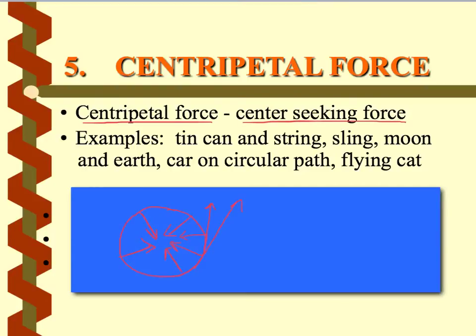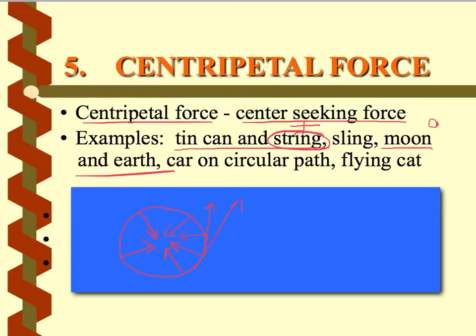Let me give you some examples. If I were to take a tin can and a string, holding on to one part of the string and whirling the tin can, the string would be providing a tension force that would cause the tin can to not go in a straight line at a constant speed, but instead to whirl around. The moon and the earth is another example.